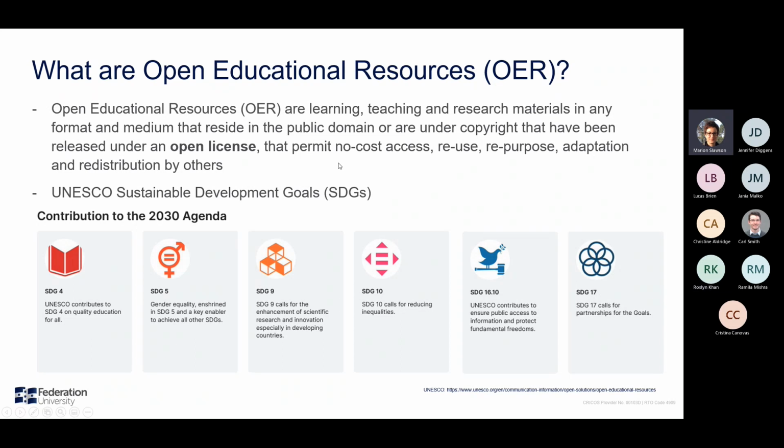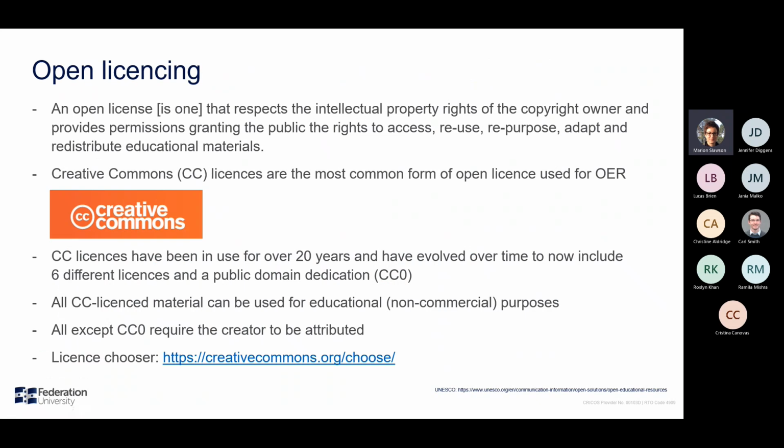Okay, so when I talk about open licensing, I've already mentioned that open licensing supersedes copyright law in the sense that whoever actually owns the intellectual property of the particular item that is being licensed, while it respects the intellectual property rights of that copyright owner, it enables them to provide permissions that grant other people the rights to, as it says here, access, reuse, repurpose, adapt and redistribute educational materials.